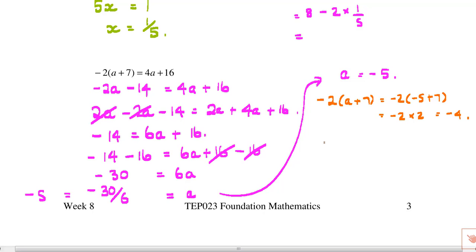And on the right hand side we have 4a plus 16, 4 times negative 5 plus 16, that's negative 20 plus 16, answer is equal to negative 4. Left hand side equals right hand side, so that tells me my answer of a is equal to negative 5 is correct.